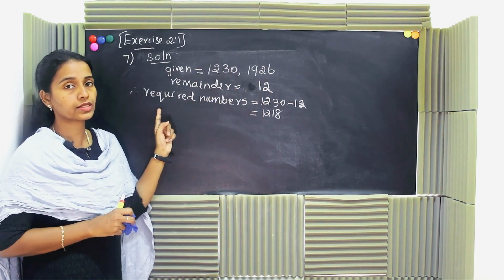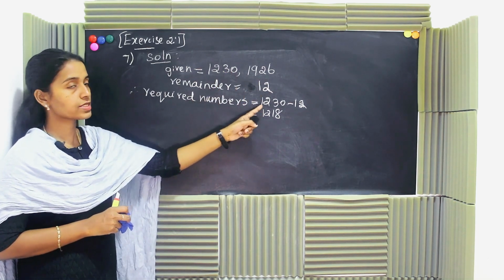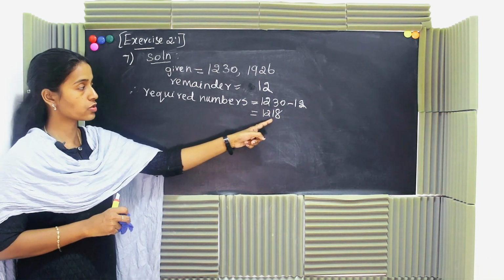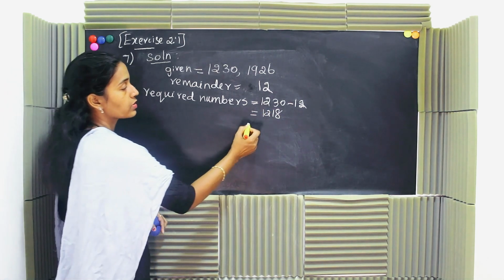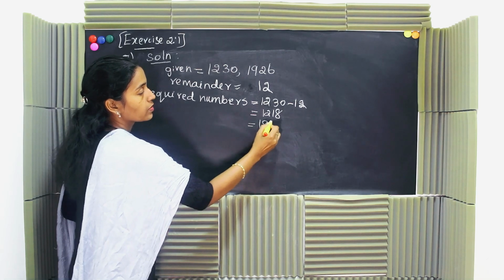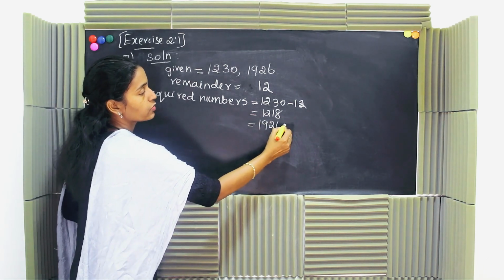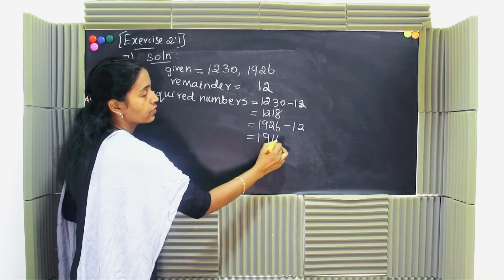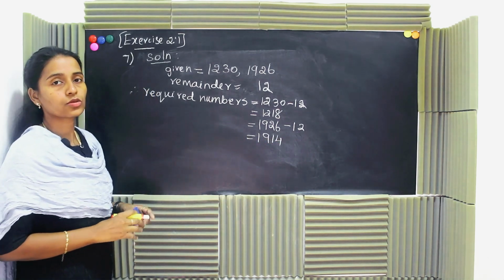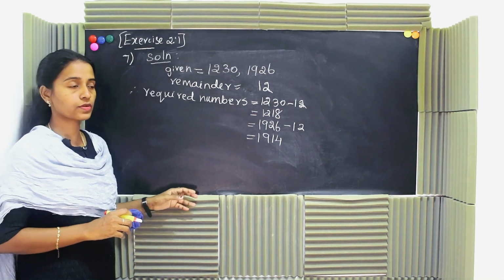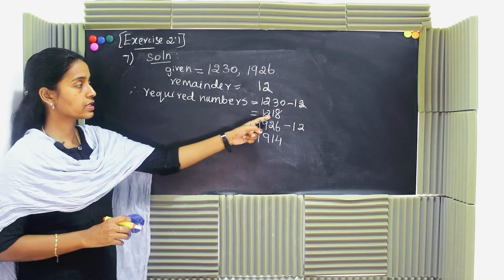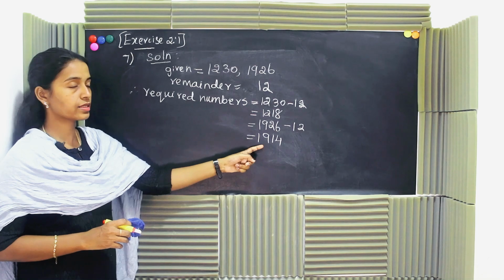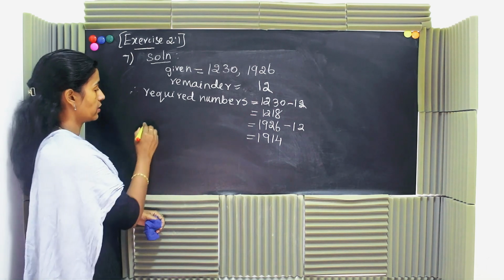Then we will be getting the required numbers. So the first number is 1218. The second number is 1926 minus 12 becomes 1914, right? So now we are going to find out the HCF of this 1218 and 1914, right?